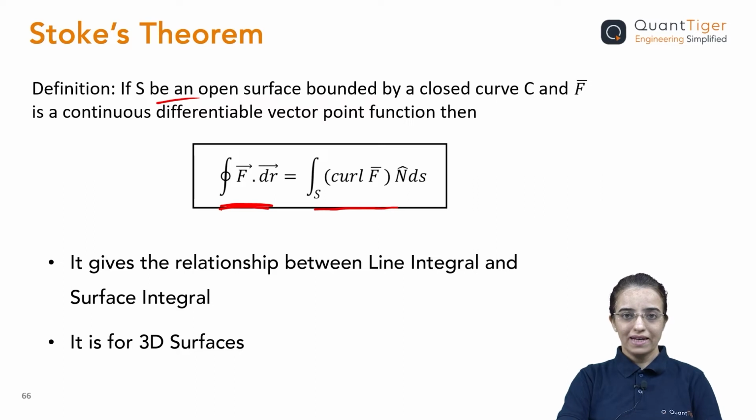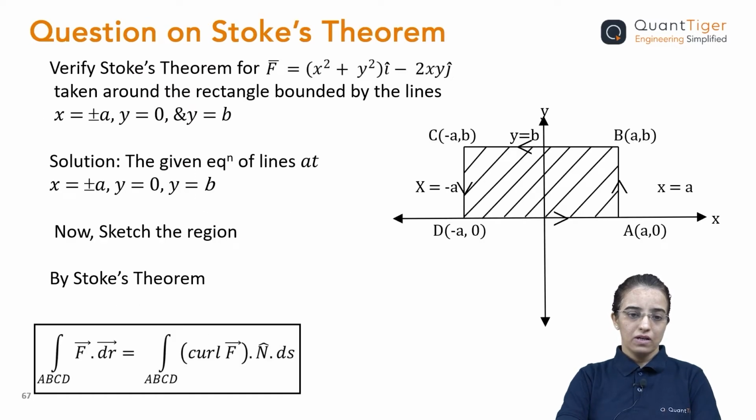If you take the line integral of a closed curve along its boundary, then it will be equal to the surface integral of that surface, a 3D surface. Remember it will be a 3D surface, so that's the important thing. It should be clearly in your mind.